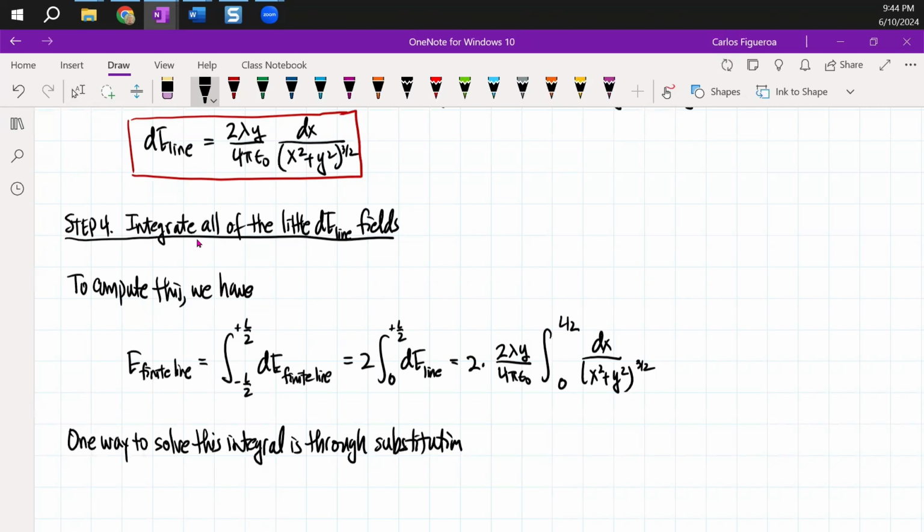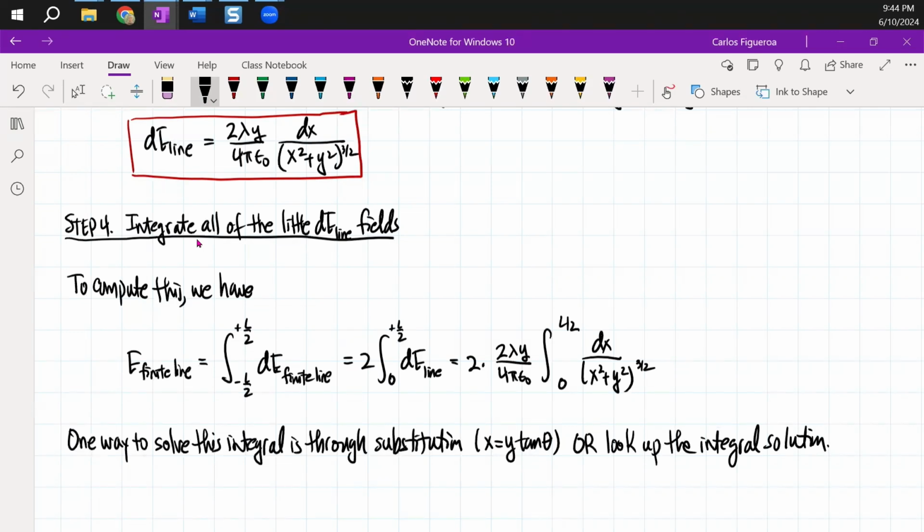So what I would define here is x as y tangent of theta. So then you get into this trig substitution, and that's going to take you a little bit of time, but I think that's probably the fastest way to get that. Or look up the integral solution.